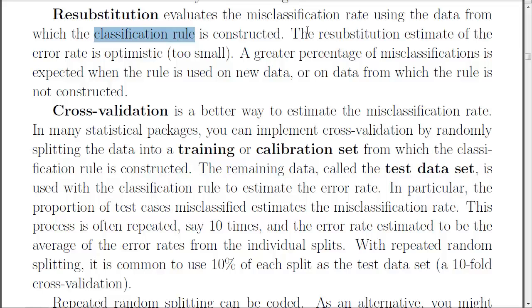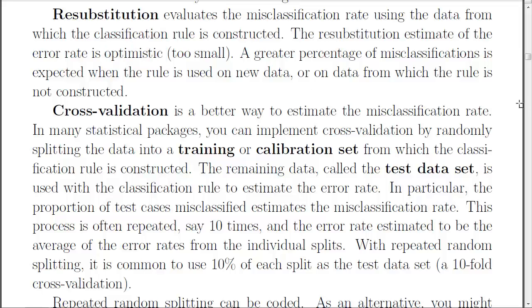The problem, and why this resubstitution strategy is a bad idea, is that it's going to be optimistic. You've used the data to generate the rule that you then evaluate the rule with. And so you've effectively used the data twice. In fact, the observation you want to try to classify has already been used to generate the rule to classify it. So that's the problem.